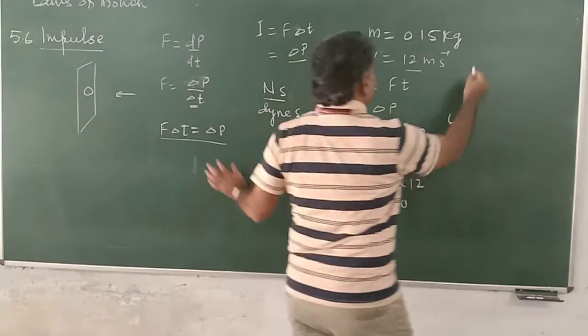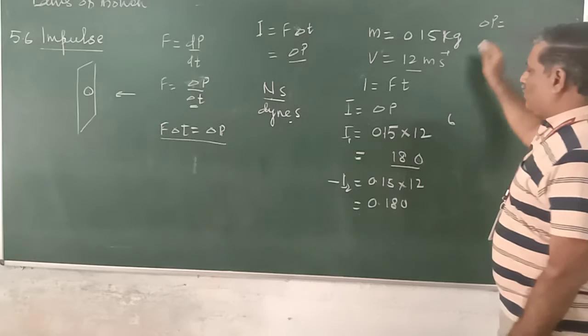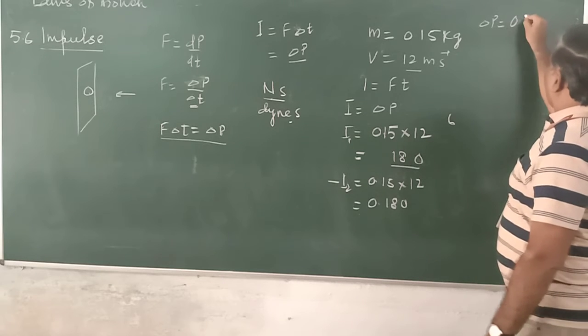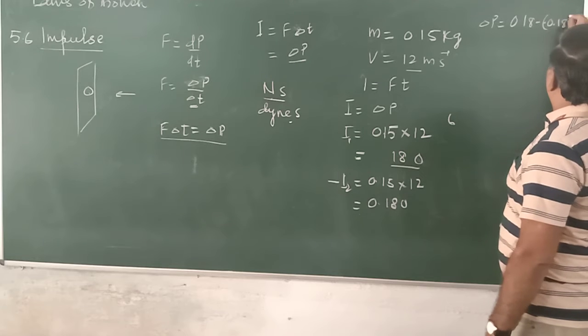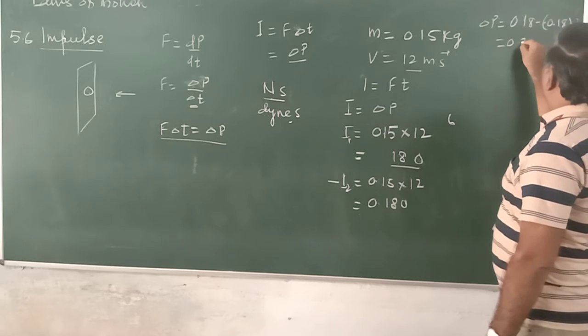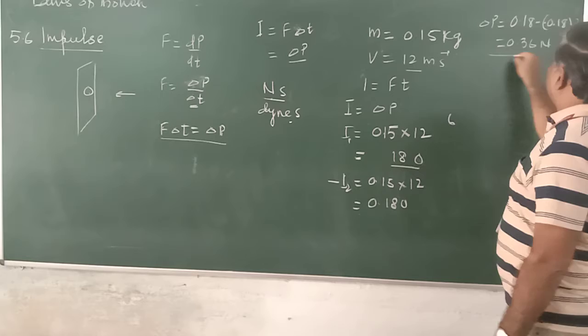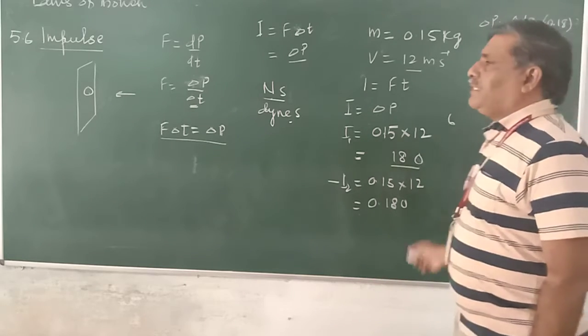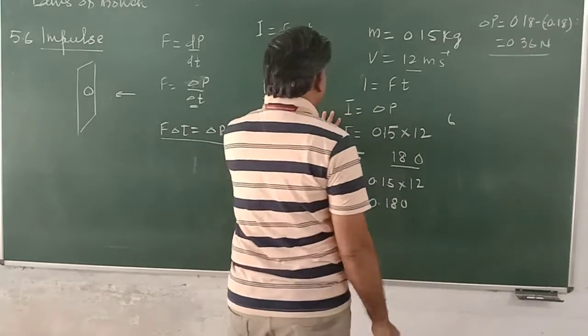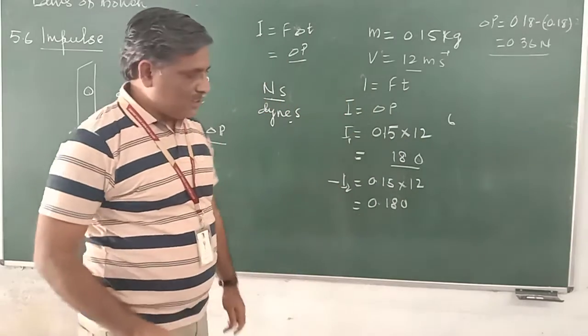So the change delta P is equal to 1.8 minus (minus 1.8), which becomes 3.6 Newton second. So when delta P is 3.6, the impulse will also be 3.6.